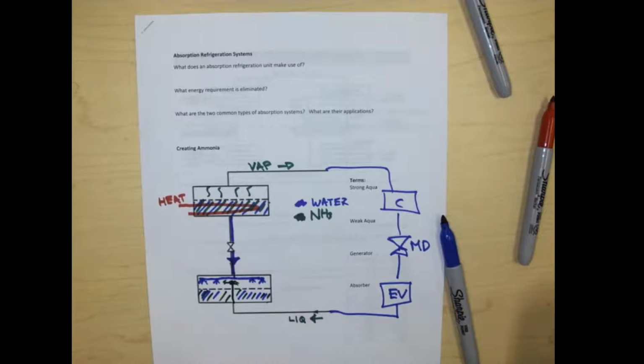I have two different names for components here. Okay, so this guy up top, what is its job? It's going to separate the ammonia. Okay, and what I consider it to be called is the generator. Okay, so it's going to be generating ammonia.